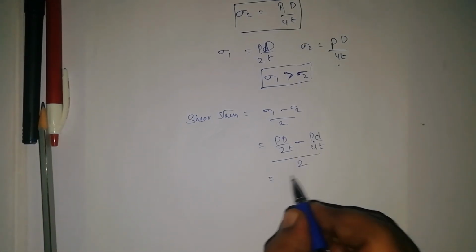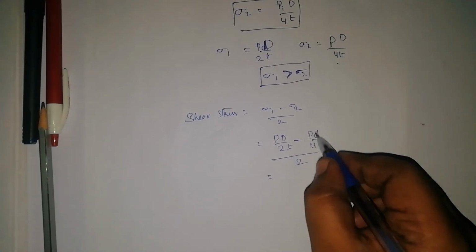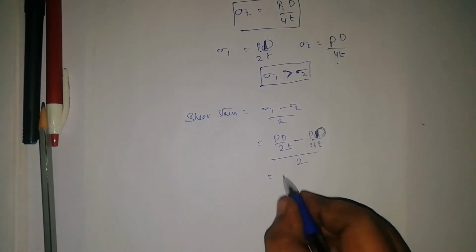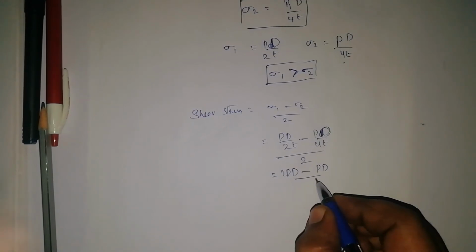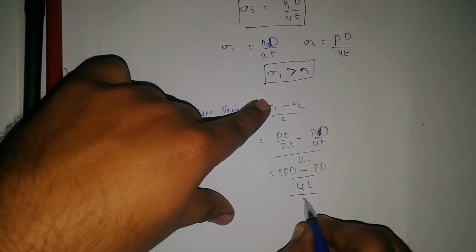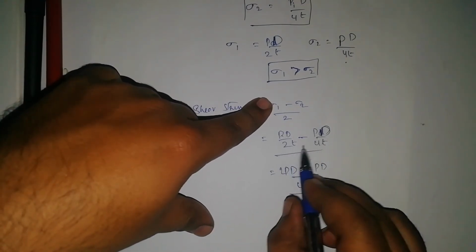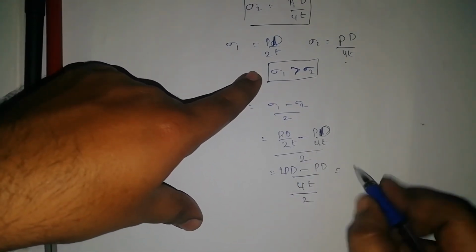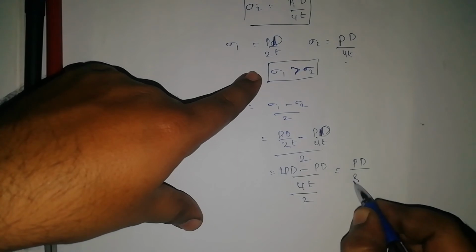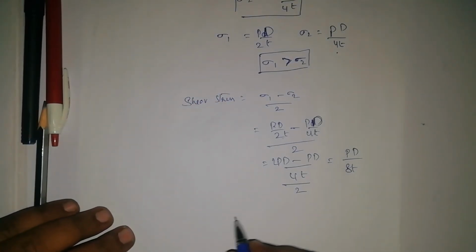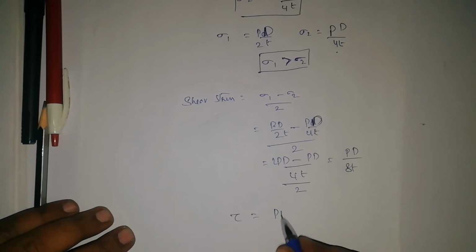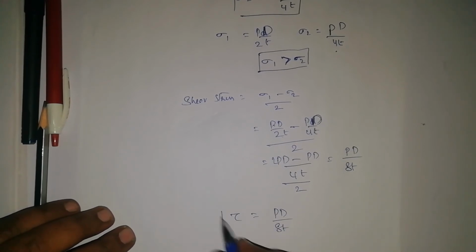Okay. When you take the LCM, this will become 2 P d minus P d divided by 4t, whole divided by 2, because I have to take the LCM. This is 2 4. So, this will become PD divided by 8t. So, shear stress tau is equal to PD divided by 8t.